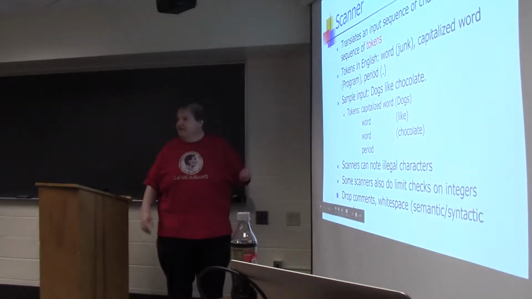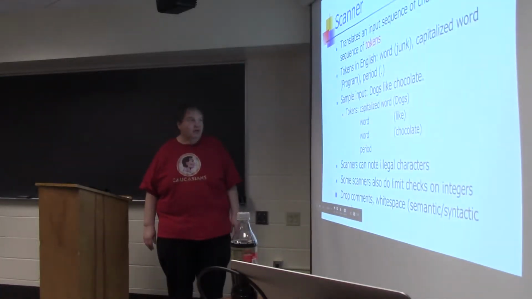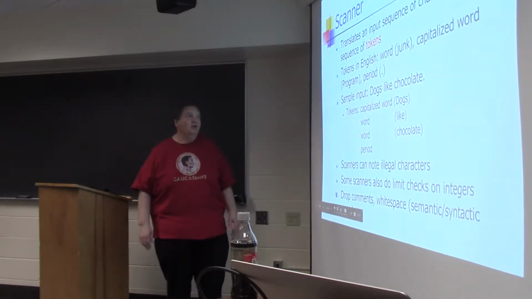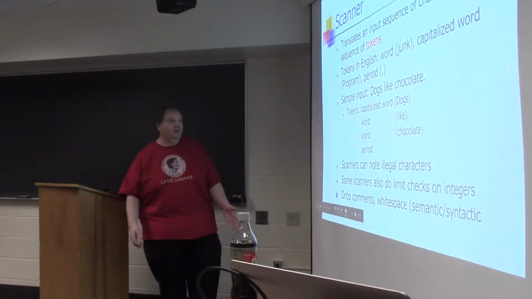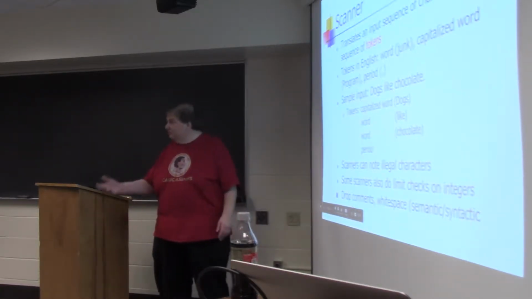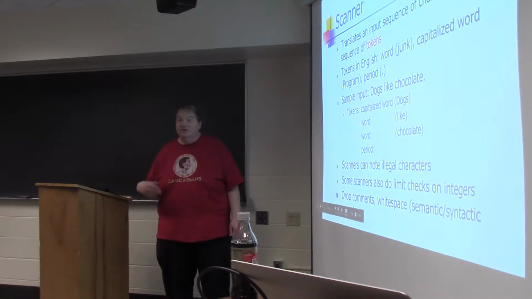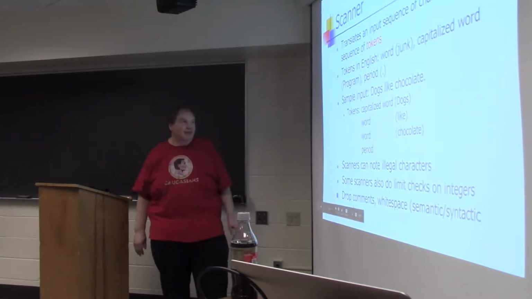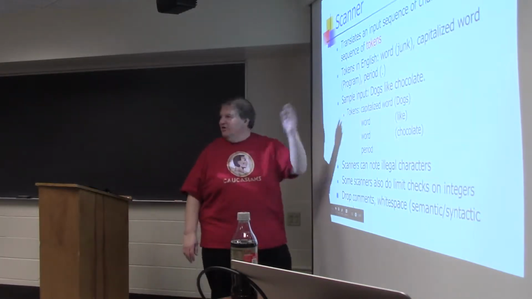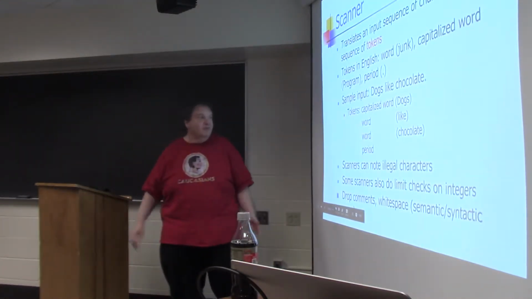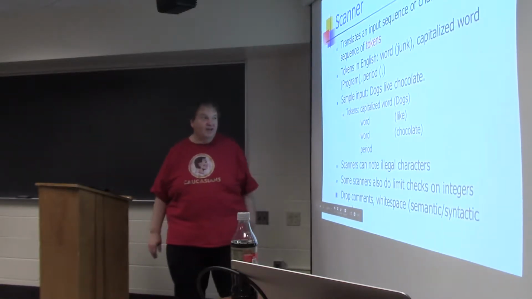So, what's a scanner do? A scanner simply goes through your code, looks at it, and turns it into meaningful tokens. So tokens in English are things like a word, a capitalized word, a period. Okay? And some of these things you can actually hear in spoken language, although it's harder to determine whether something is capitalized, but sometimes you can get that out of it. Periods and commas aren't always obvious, but written, certainly you can see that. So "Dogs like chocolate."